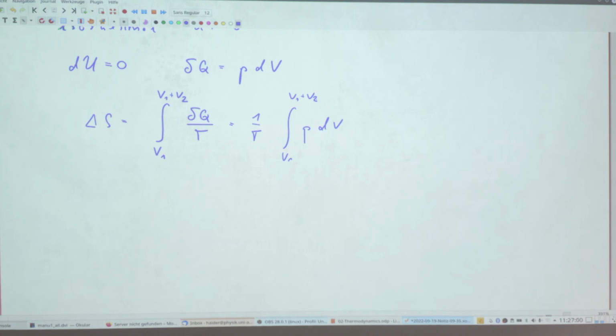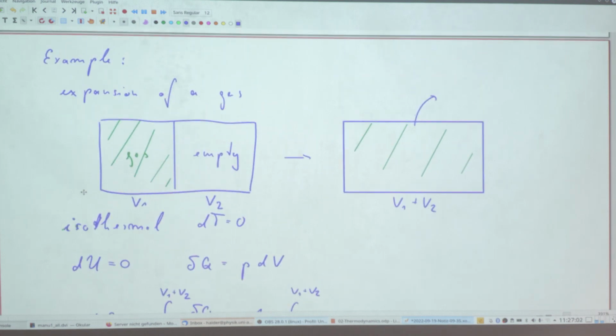And we assume that we have an ideal gas.